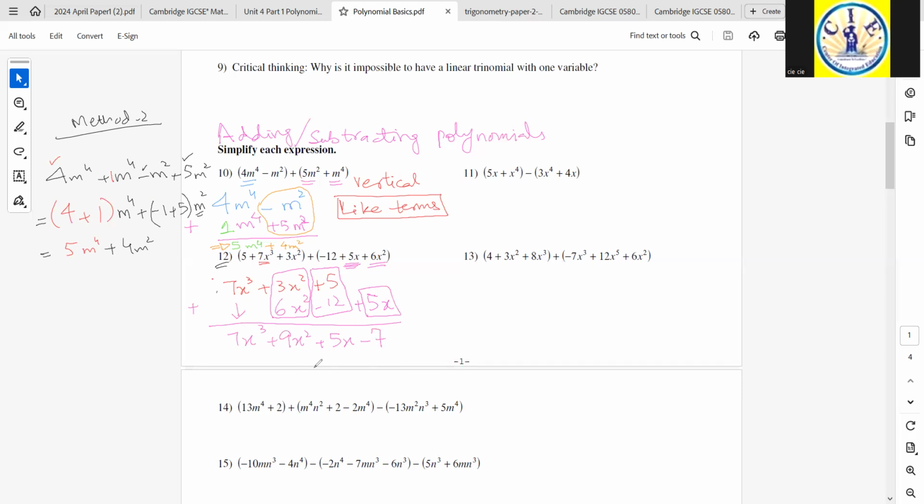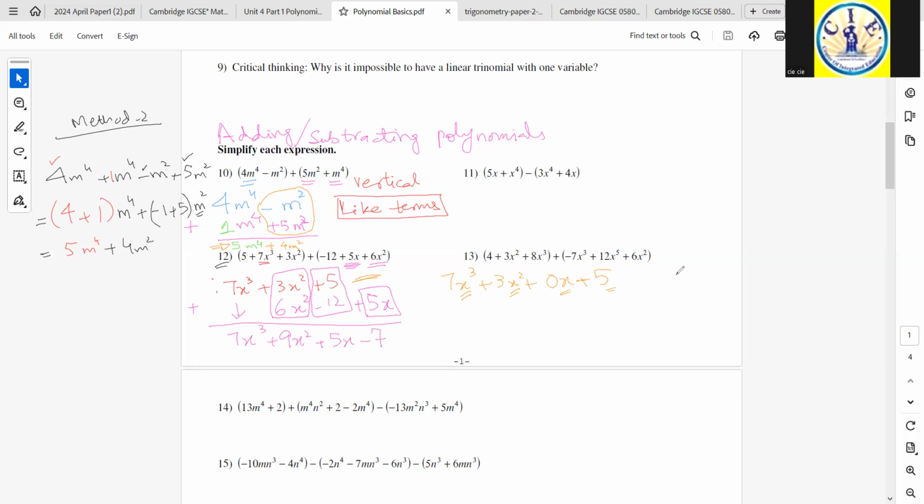Okay. There is one way to write them down, that is 7x cubed plus 3x squared. Since there was no x term here, you can write 0x and then the constant term so that you follow a particular sequence: x cubed, x squared, then x, and then x to the power 0.